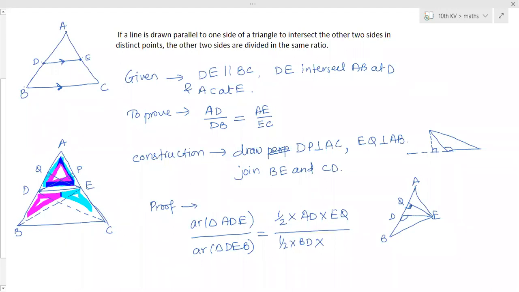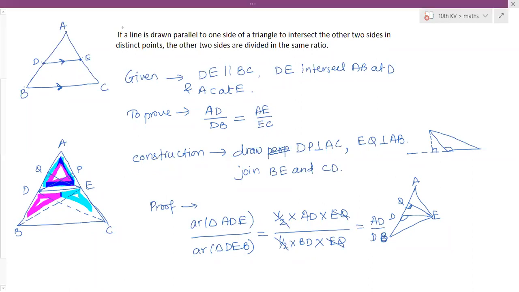EQ is perpendicular on the same base DB produced. Therefore here also the height will remain EQ. So the half gets cancelled, EQ gets cancelled, and you get the ratio of areas equal to AD by DB.